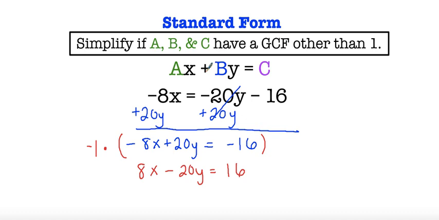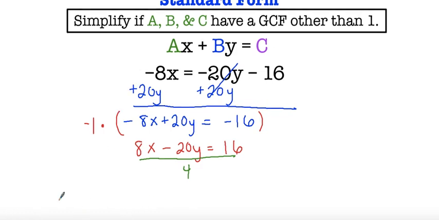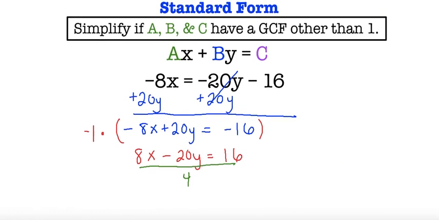However, if you look at A, B, and C, A is 8, B is negative 20, and C is 16. And they do have a greatest common factor other than 1, which is 4. So I do have to divide all these terms by 4. So 8 divided by 4 is 2x. Negative 20 divided by 4 is negative 5y.